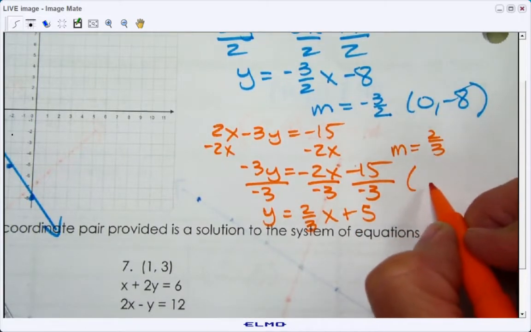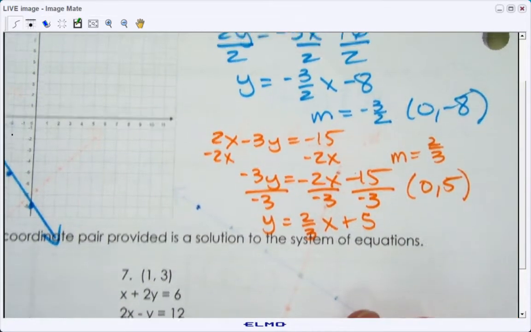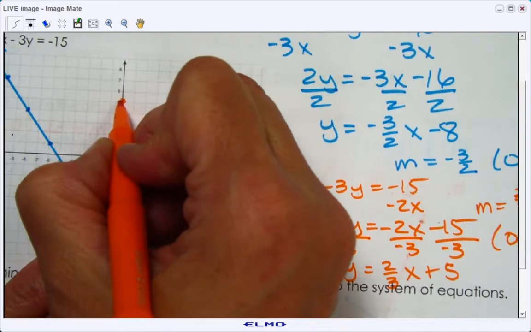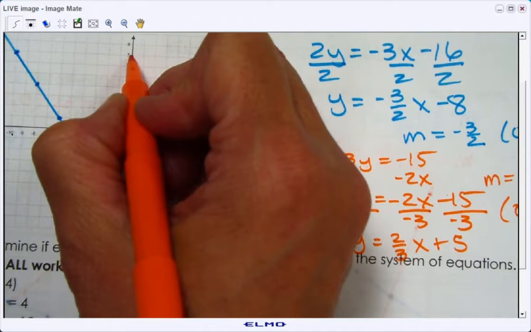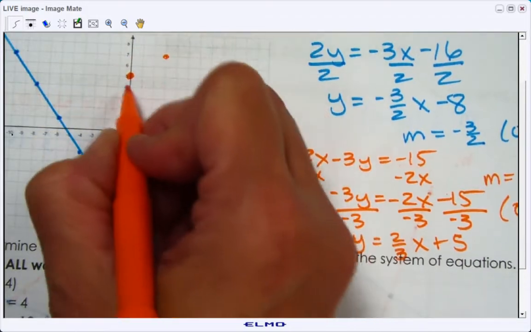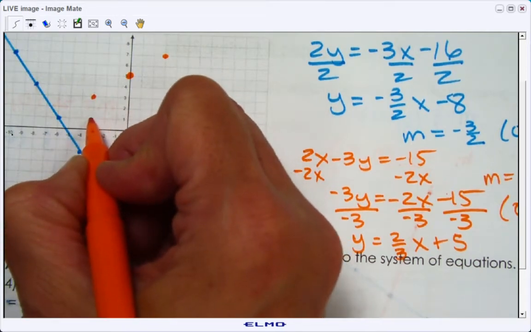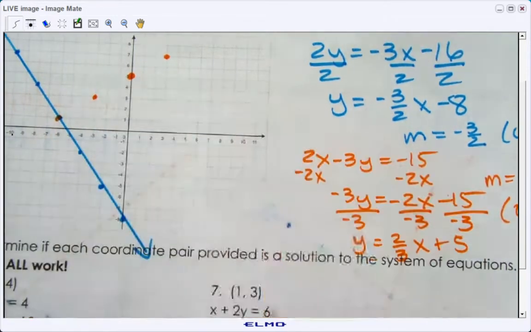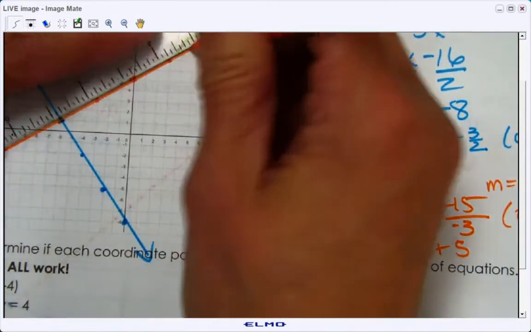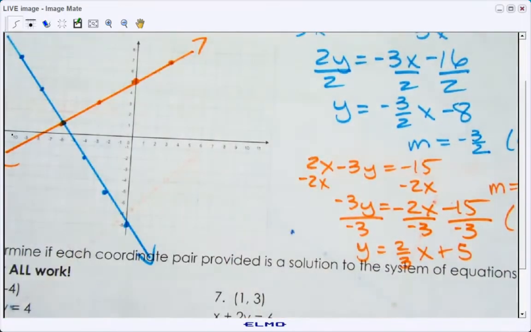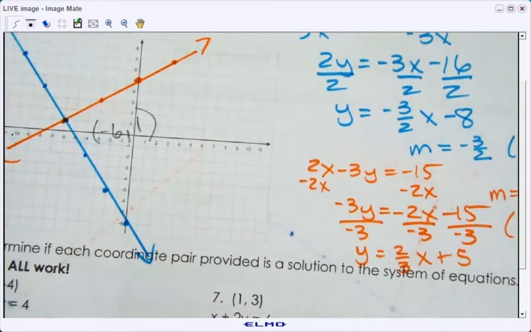My y-intercept is 0, 5. So I'm going to go up to 0, 5, and I'm going to make a point, and then 2/3. So down 2 over 3, down 2 over 3, down 2 over 3. Oh, look at that. They ran into each other. And those look like they're perpendicular lines. This is at negative 6, 1.